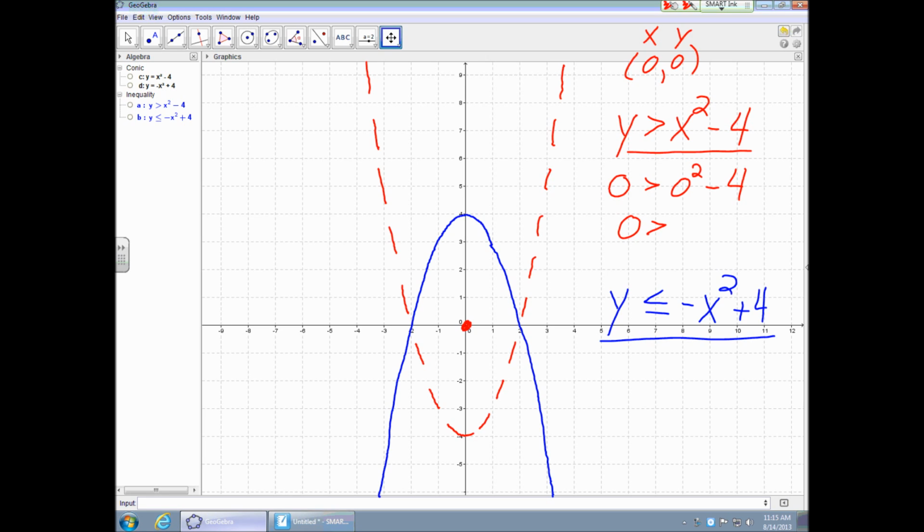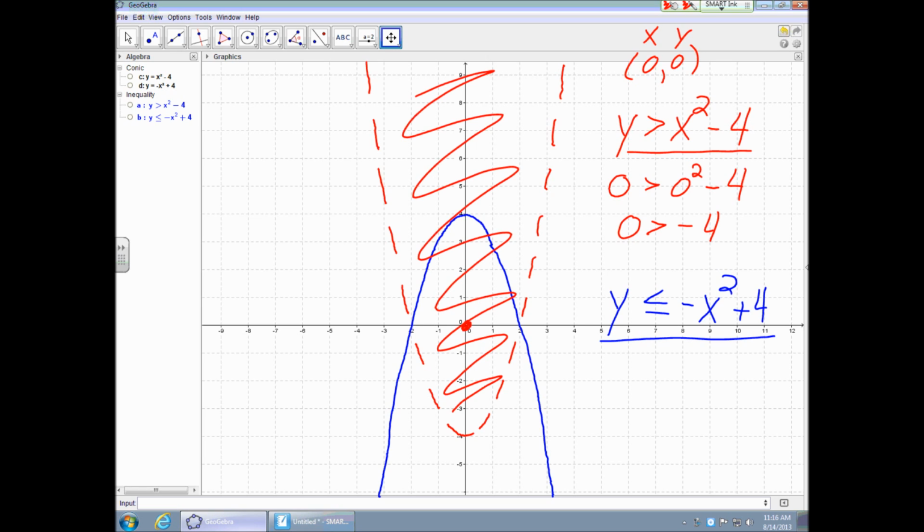Is 0 greater than negative 4? Yes, it is. So then we shade this part of the graph. And now we can actually choose the same test point for the blue graph, y less than or equal to negative x squared plus 4.